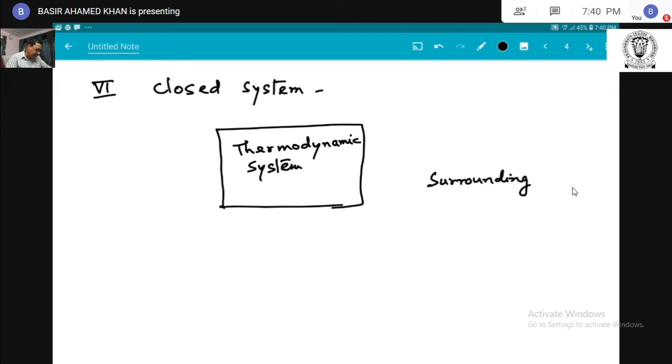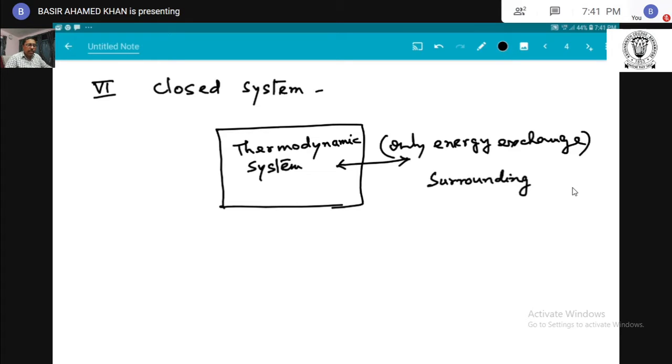If there is only energy exchange, not mass, between the thermodynamic system and the surrounding, then the system is called a closed system.